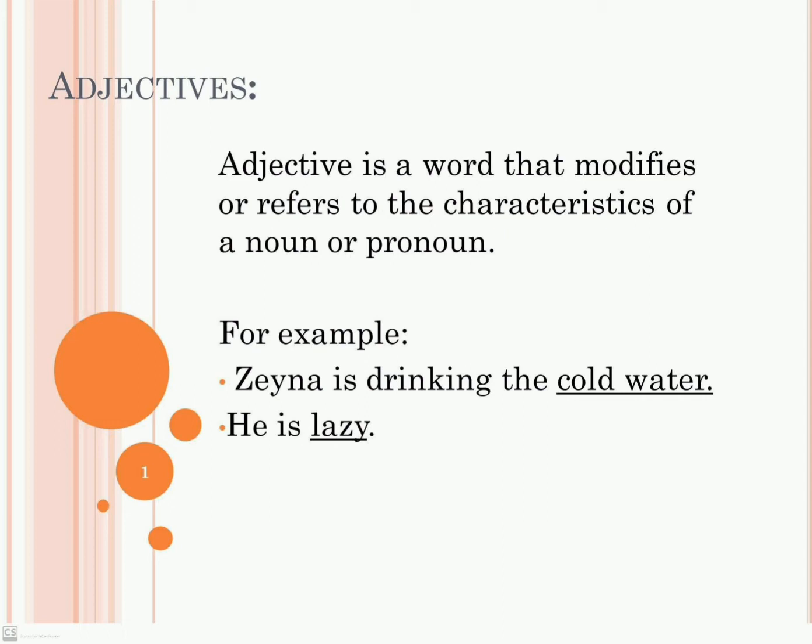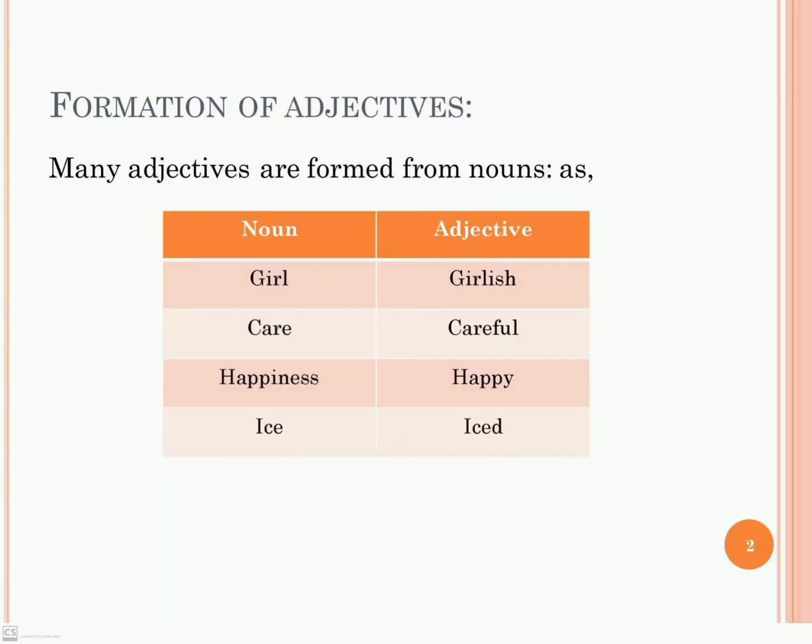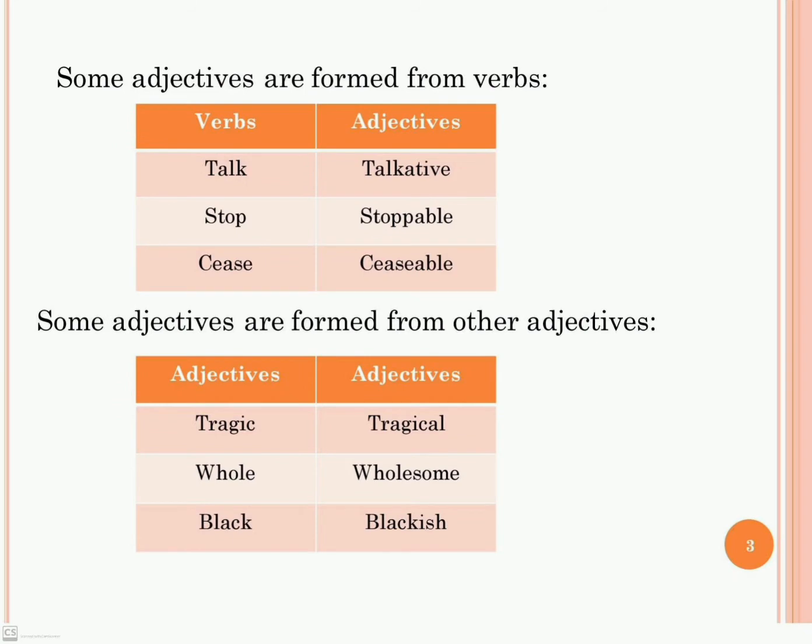So how are adjectives formed? Many adjectives are formed from nouns. For instance, girlish from girl, careful from care, happy from happiness, and iced from ice. In the same way, some adjectives are formed from verbs.